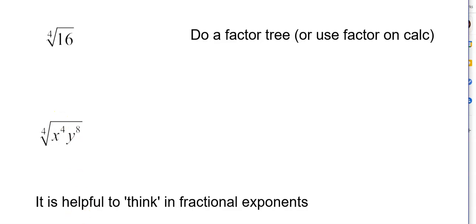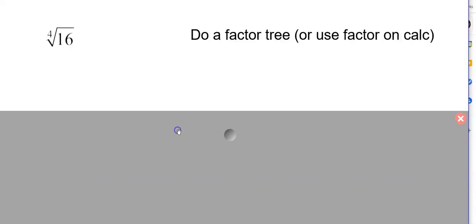Okay, so typically when you're solving a problem like this, if you don't happen to know the fourth root of 16, I wouldn't really expect you to know that. Then I would just kind of start doing a factor tree. So 2 times 8, 2 times 4, 2 times 2. The numbers at the end of the factor tree are all prime here. So this is equal to, if you want to write it differently, the fourth root of 2 to the fourth.